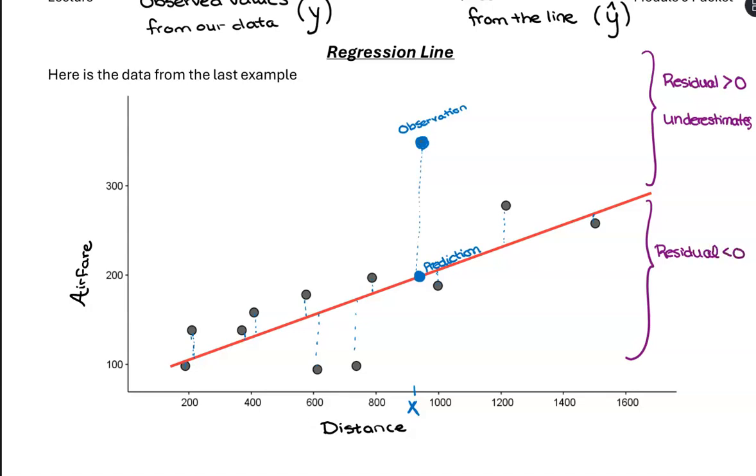So with a negative residual, in this case, it would be, okay, I'm going to buy a ticket. It is estimated it's going to cost $150. Then when I go to buy my ticket, it's actually $100. That's an awesome scenario. I like that. So what happened here is our prediction overestimated.